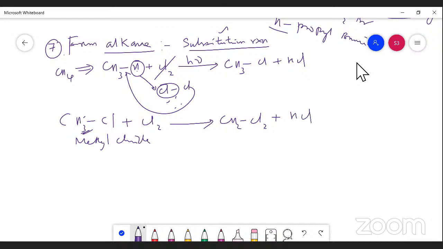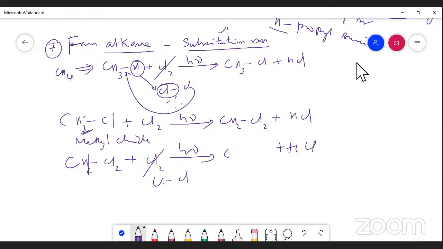Next you take CH2Cl2 plus Cl2, with the same sunlight. The reaction takes place. The chlorine splits as Cl-Cl. Now one hydrogen is going to react, one hydrogen with one chlorine, giving HCl. Then what is here? CHCl3. This first one is called methyl chloride.